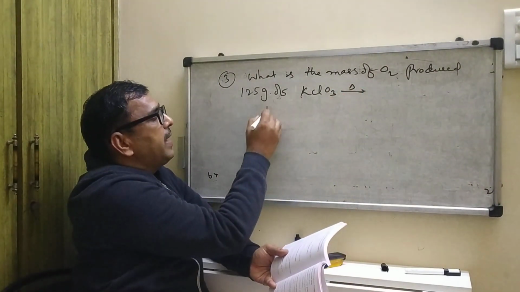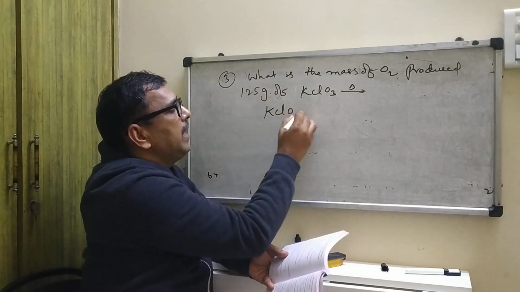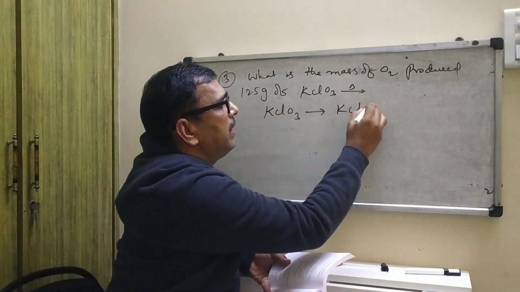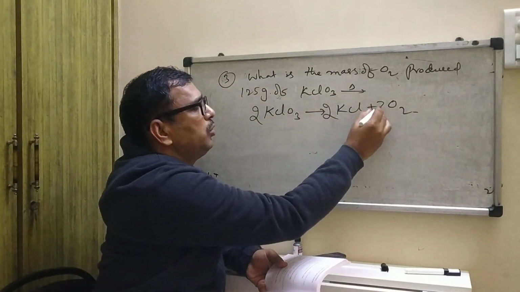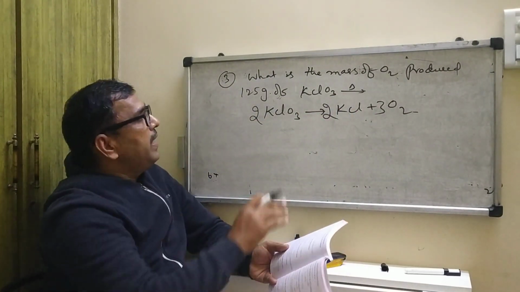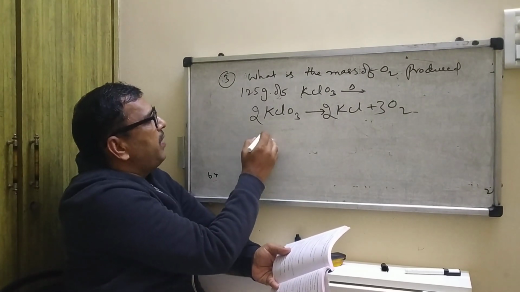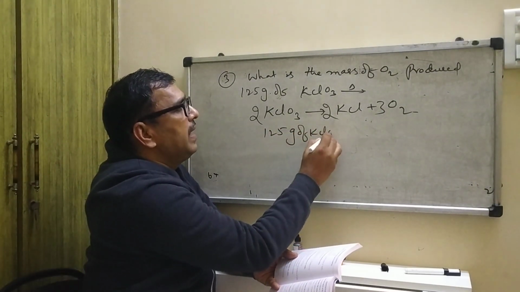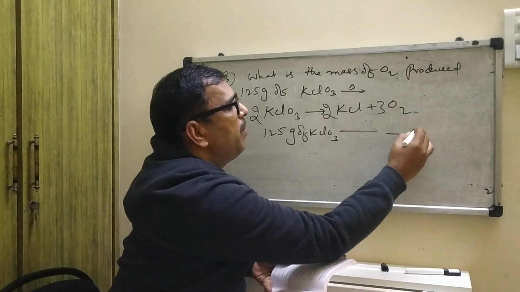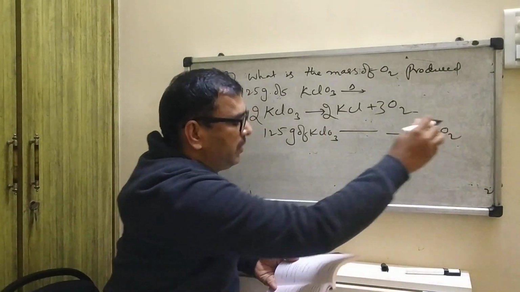Then you have to write the chemical equation: KClO3 gives rise to KCl plus O2. Then balance the reaction, 2 moles like this. Here he asked 125 grams of KClO3 and how many grams of oxygen.